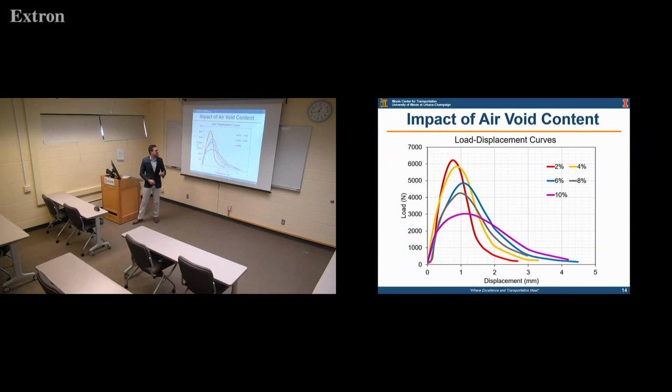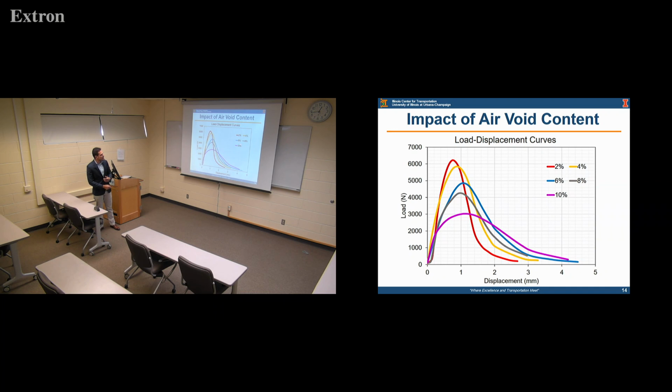The second parameter that we evaluated is the air void content. For the air void content, we evaluated from 2% to 10%. It was very interesting to see that when I increase the air void content, the mix kind of acts less stiff. It acts more compliant. That's what you can see here from the load versus displacement curve.